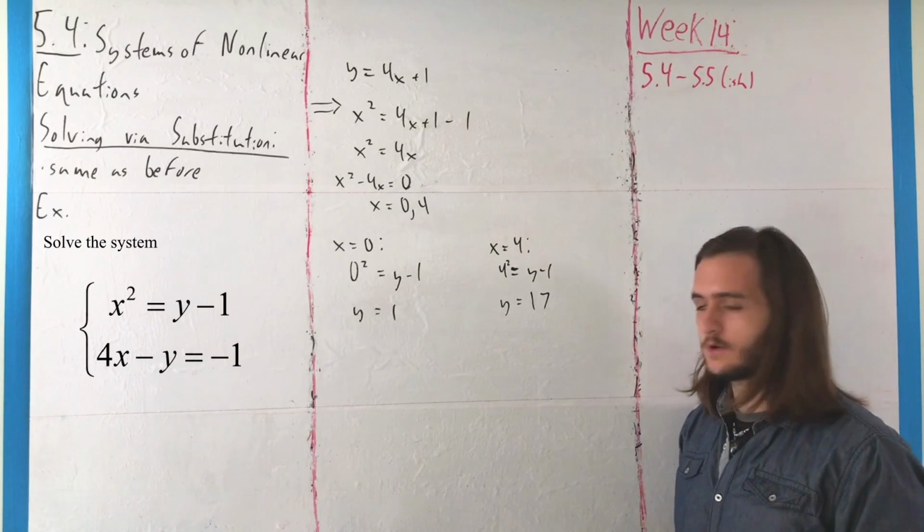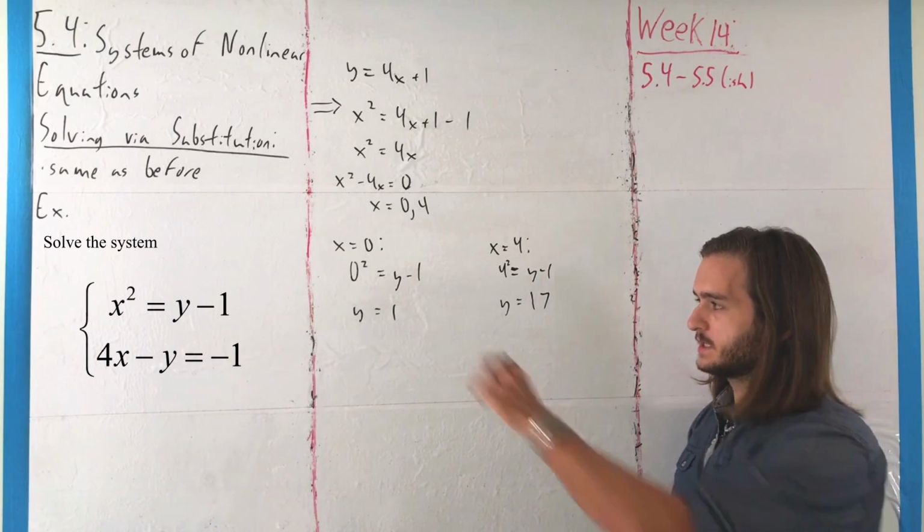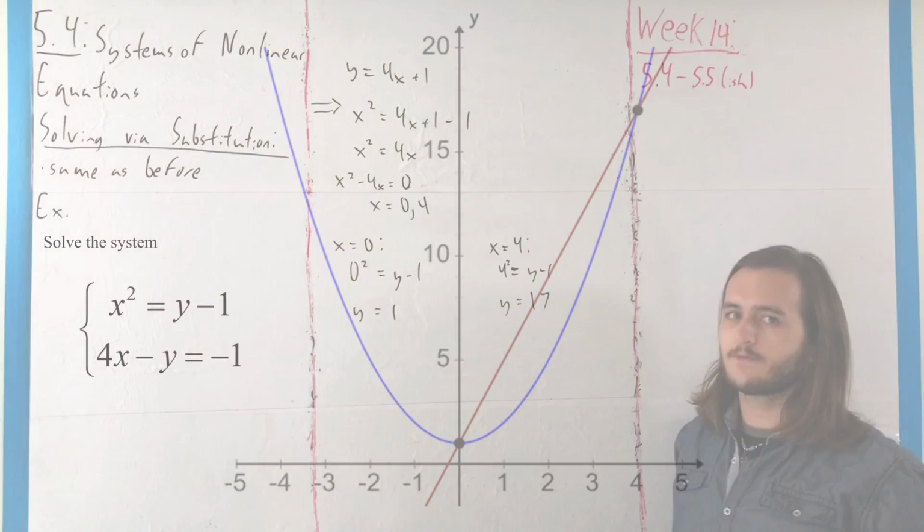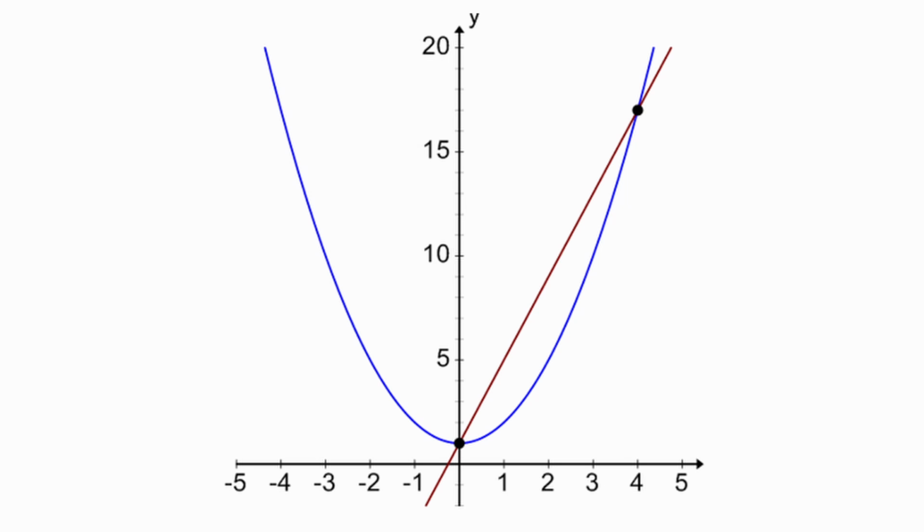That tells us our solution set here will consist of the points (0, 1) and (4, 17), which we can graph like so to see how this would actually appear on the plane.